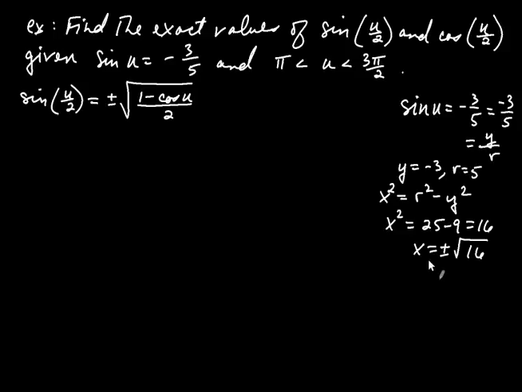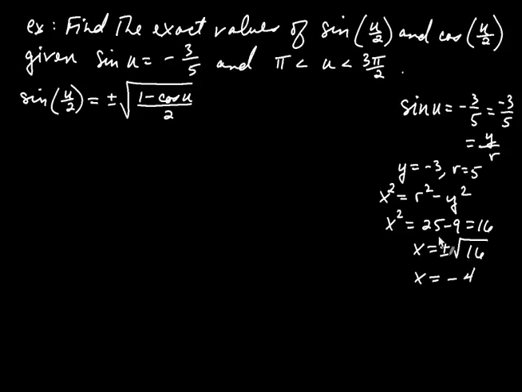Now the question is, should x be positive or negative? And u, right, we're given here that u lies between pi and 3 pi over 2. Now that's in quadrant 3, right? And the x-coordinate in quadrant 3, is that positive or negative? That's negative, actually. So we get x is equal to negative 4.